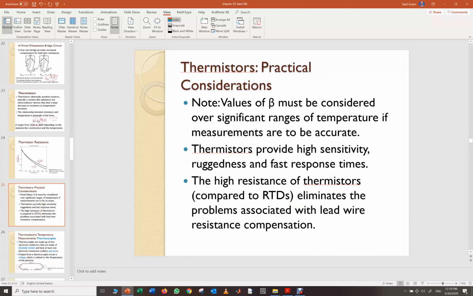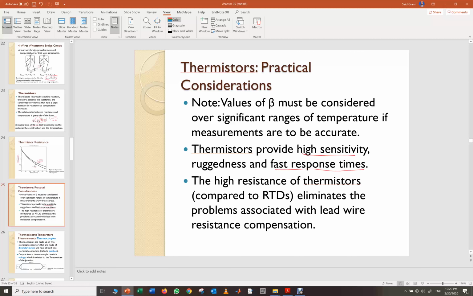Thermistor practical considerations. The value of beta must be considered over a significant range of temperature if measurements are to be accurate. Thermistors provide high sensitivity, redundancy, and fast response time. The high resistance of the thermistor compared to the RTD eliminates the problem associated with lead wire resistance compensation.